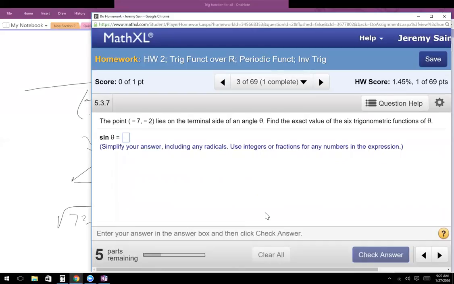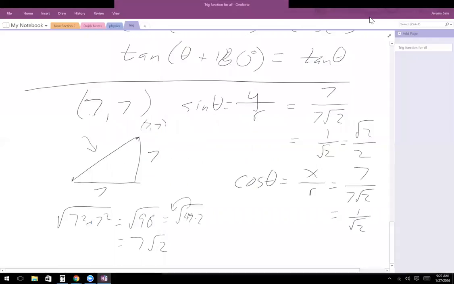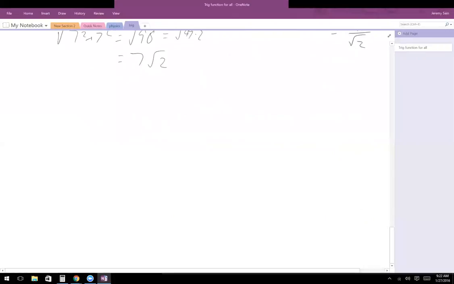Okay, so 7 and negative 2 is our terminal point. So our r, well, I mean, draw the picture again. You go minus 7, minus 2, so that's 7, that's 2.